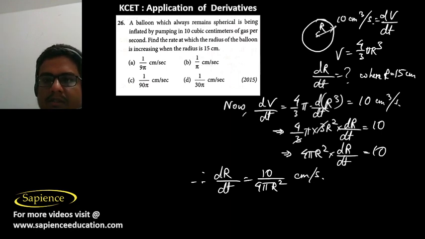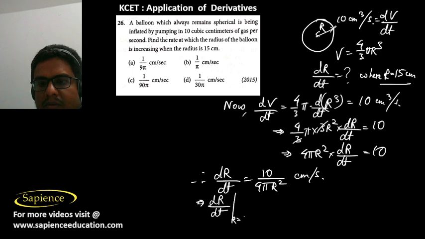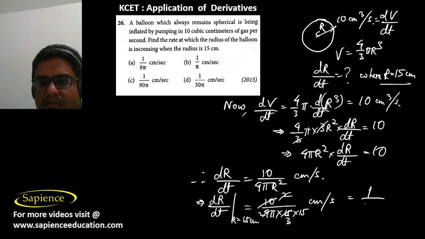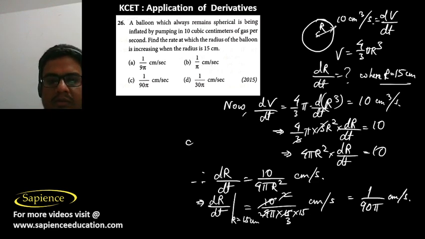When r is 15 centimeter, dr by dt is 10 by 4 pi into 15 square. 15 into 15 is 225, and simplifying, this is 1 by 90 pi centimeter per second. So option C is correct.